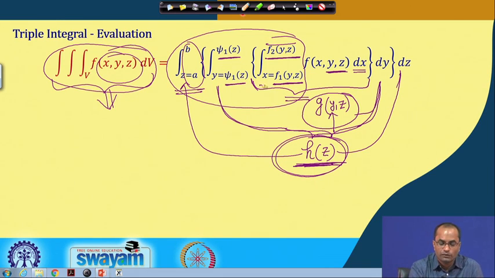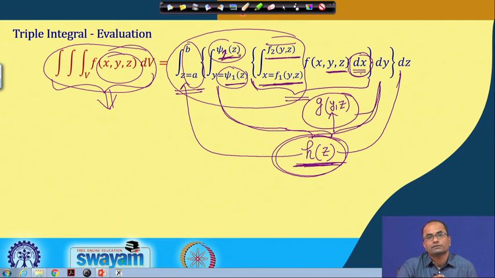This is a general consideration which we should always keep in mind while putting the limits of the integral. So, for the inner one, when we are integrating with respect to x, the limits can be functions of y and z, both the lower and the upper one. After this integration, x is removed, we have a function of variables y and z, and then we are integrating with respect to y; the limits still can be functions of z, like here psi 1 of z and psi 2 of z.